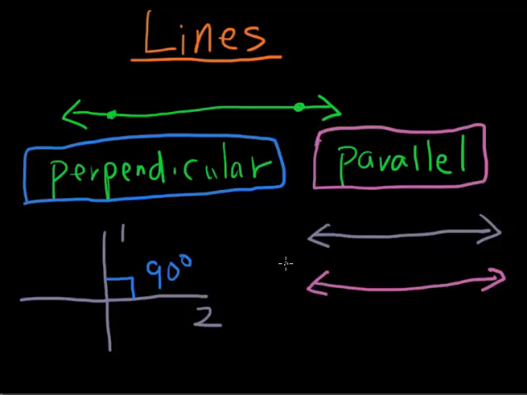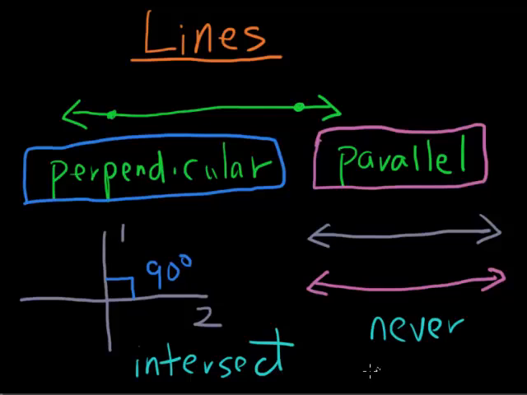Okay, so again, perpendicular lines touch each other, and when they touch each other, we use a term called they intersect, and they intersect at 90 degrees. And then when they're parallel, that means they never intersect. Okay, so that ends this discussion on some simple concepts in geometry.